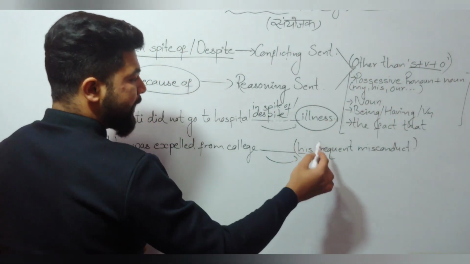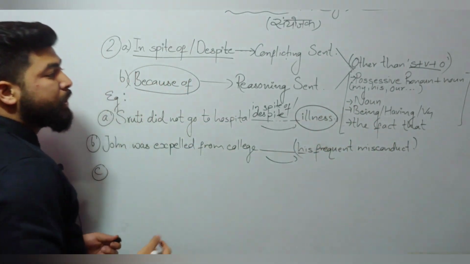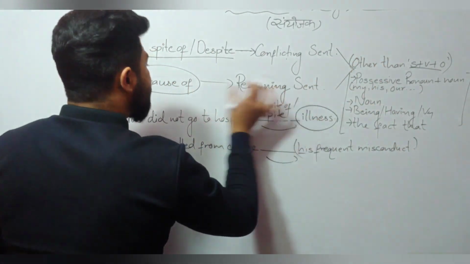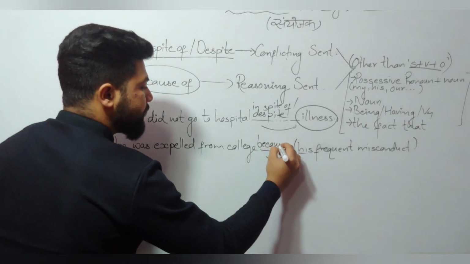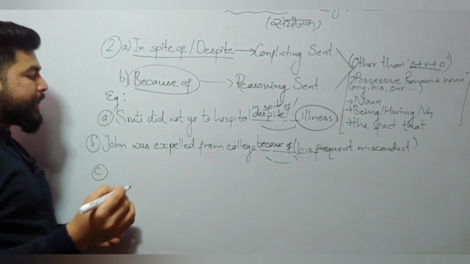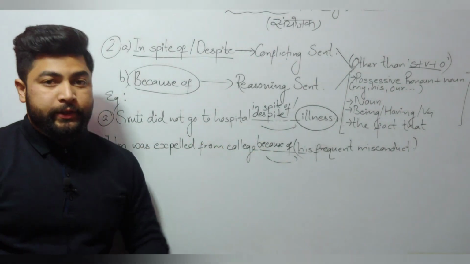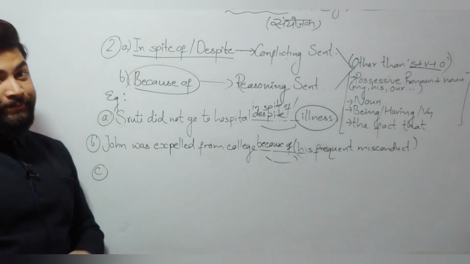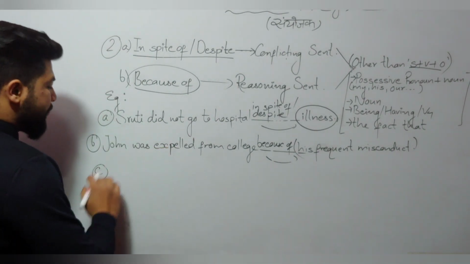Here is a possessive pronoun followed by a noun phrase, frequent misconduct. So in this sort of pattern with a reasoning sentence, our answer is none other than because of. Read out: John was expelled from college because of his frequent misconduct. And that is how you do it. Alright, then I leave one for you. And please write it down.